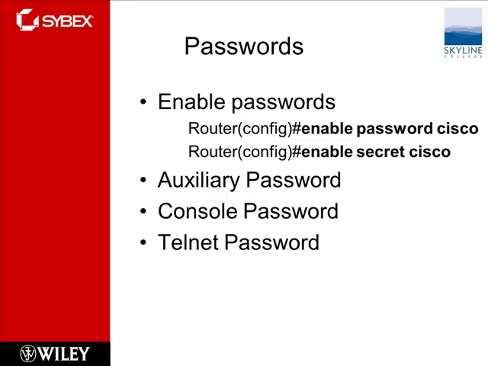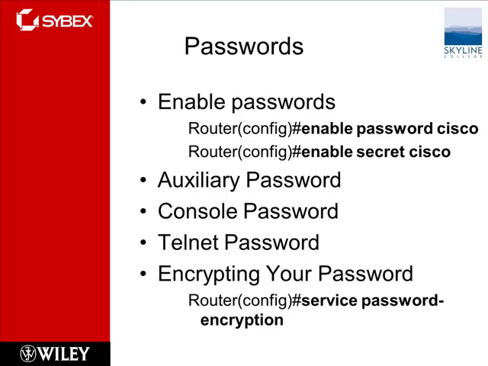Again, it's something that is overcomable because you have physical access to the machine. If you got physical access to the machine, you can get past any of these passwords. Console is not as easy as the enable password. Telnet passwords, auxiliary passwords. And you've got some activities to do this.